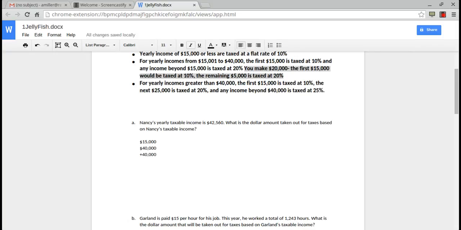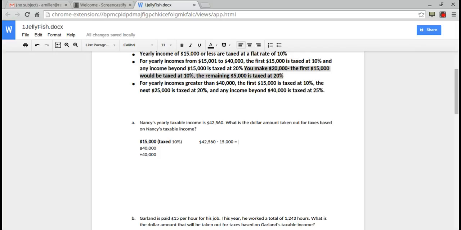Are we making more than $15,000? Yes. So I know that the first $15,000 is going to be taxed at 10%. And then I need to figure out how much that took away from the total. Her total income is $42,560, and we took away the first $15,000 because it's taxed at 10%. What are we left with?